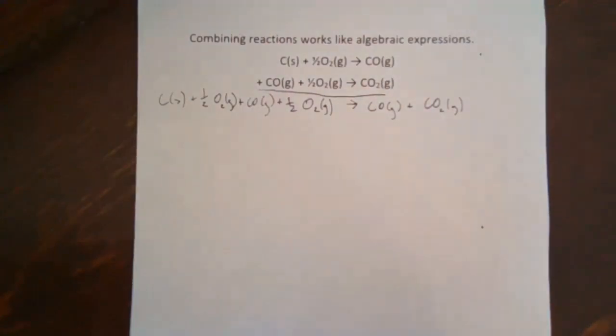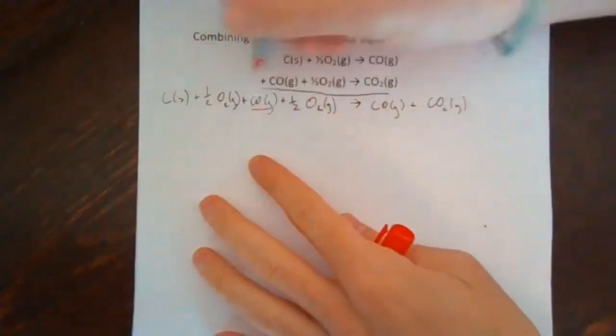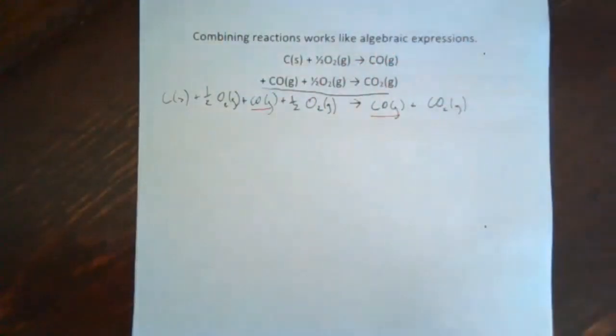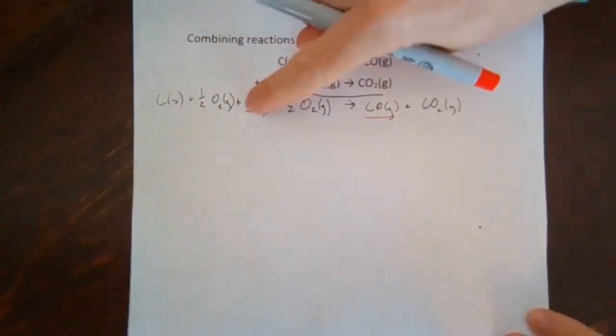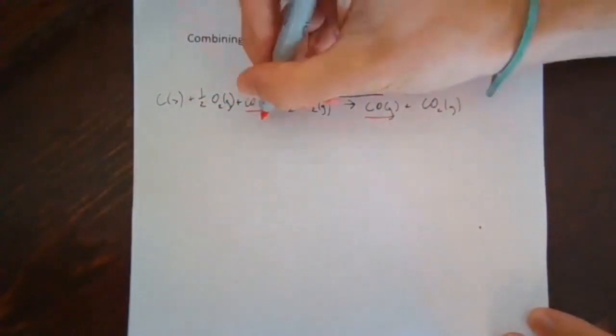That's the first step, put everything together. And now we want to go through the process, similar to algebra, of simplifying it. The first thing we want to find is what shows up on both sides. Remember, when we first talked about balancing reactions, we said that we didn't want to have anything that appears on both sides of the equation. So we have carbon plus oxygen plus carbon monoxide plus oxygen gives me carbon monoxide plus carbon dioxide.